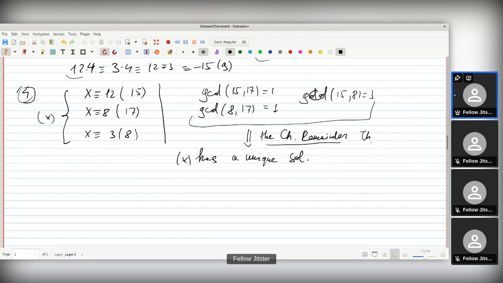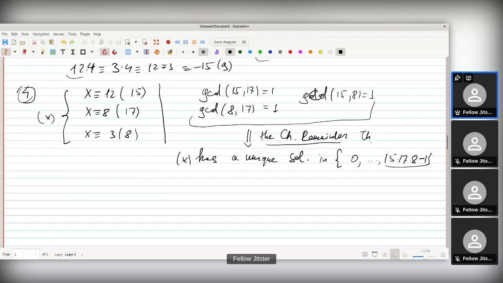A unique solution where? Between 0 and what? The product, the least common multiple or product, minus 1, of course. So we want to include it into this range. Is it clear?